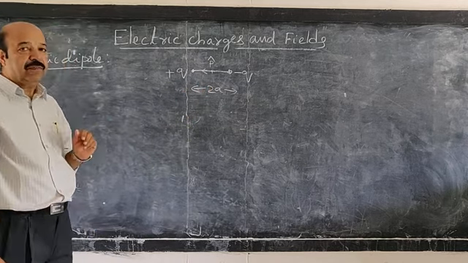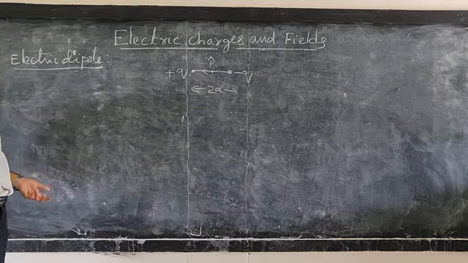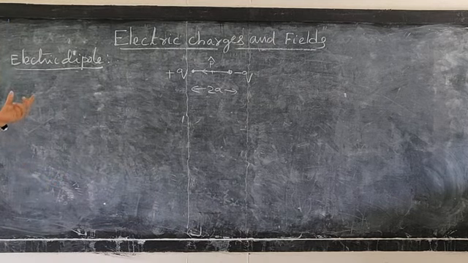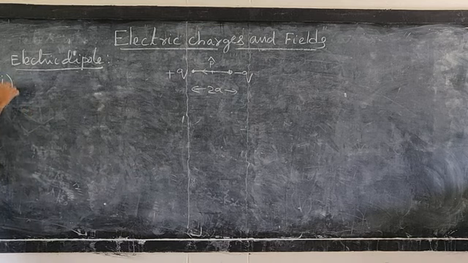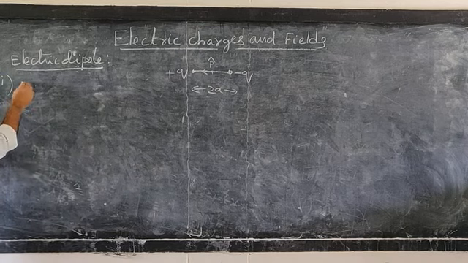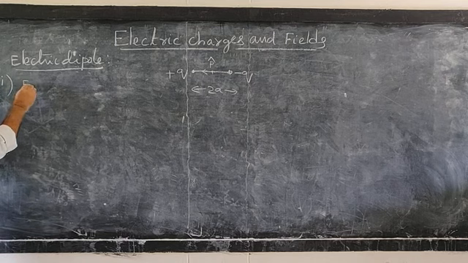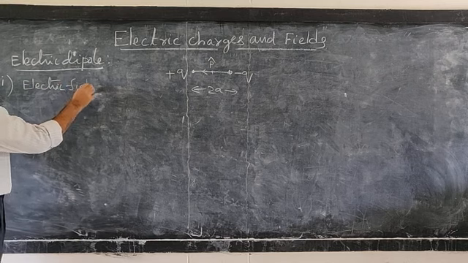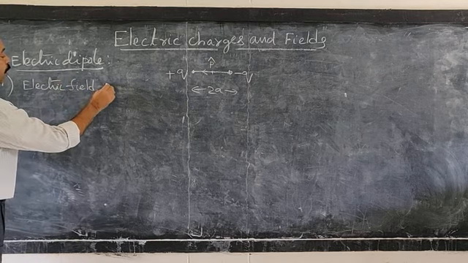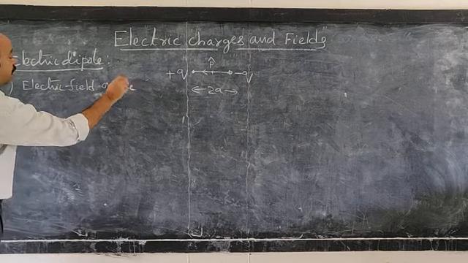Therefore, let us derive expressions for electric field strength due to a dipole on the axial line and then on the equatorial line. So let us derive the electric field on the axial line.